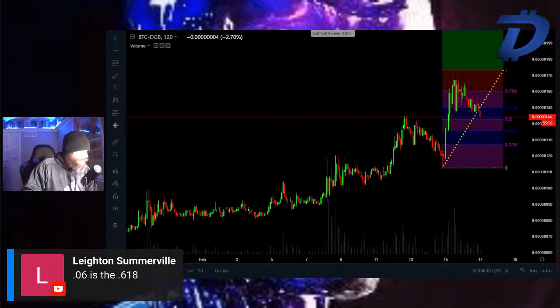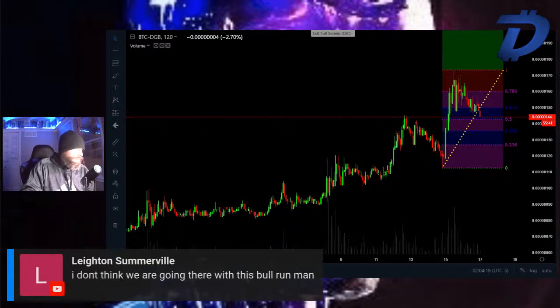Layton says 0.06 is the 0.618. Yes, you're right. That's what we saw in the Fibonacci. 6 cents is the 0.618. That's why all the fibs work in harmony with math. That's how it works.